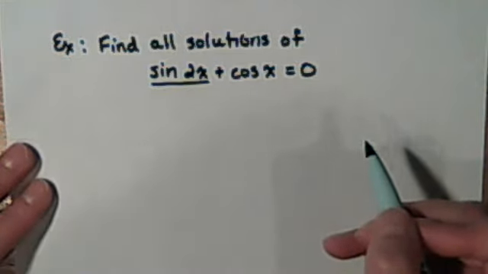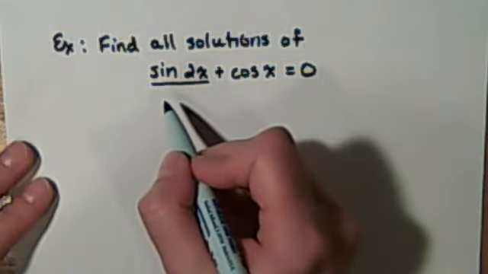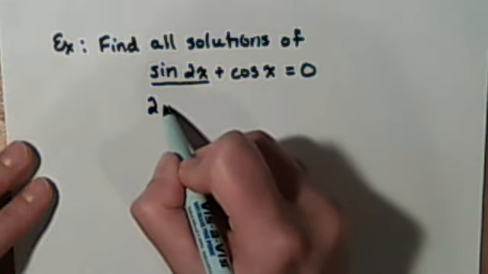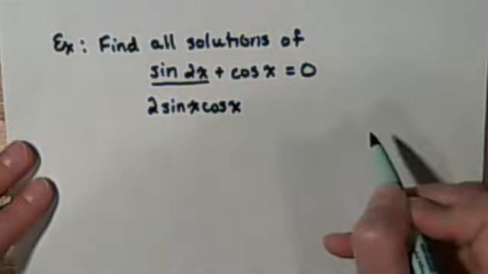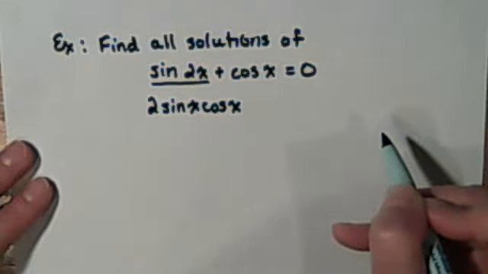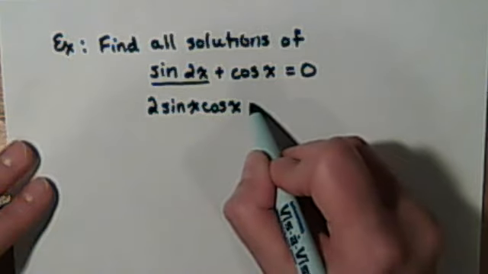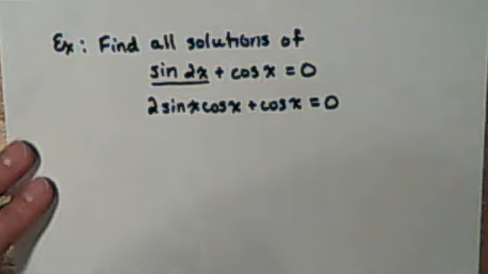So sine of 2x, if you might recall from the formulas we just looked at, I can rewrite as 2 sine of x cosine of x, using the identity we just looked at, the double angle formula. So now I have 2 sine x cosine x plus cosine of x is equal to 0.